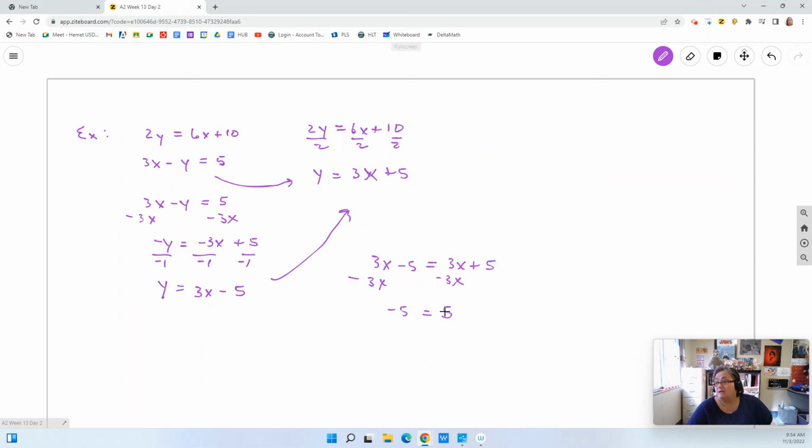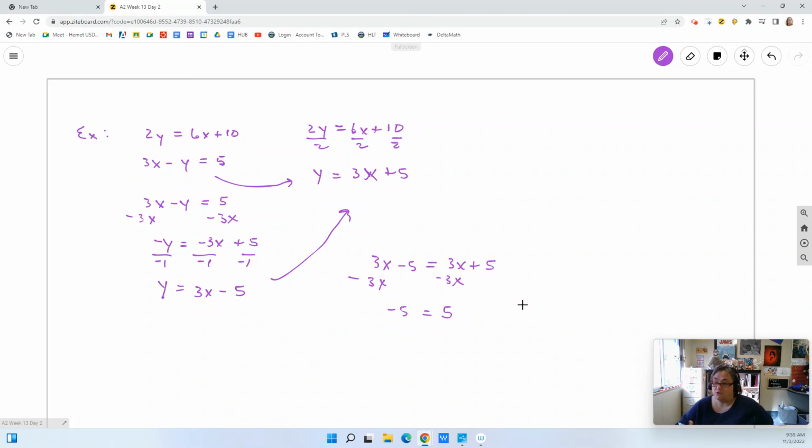No, it can't, right? When we have a solution like this, we've been here before, when we were working on solving equations, right? When we first started working on it, we'd come to these problems where we would have two things that can't equal each other, right? Negative 5 can't equal 5.